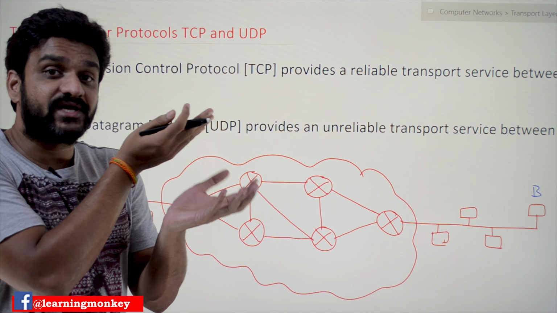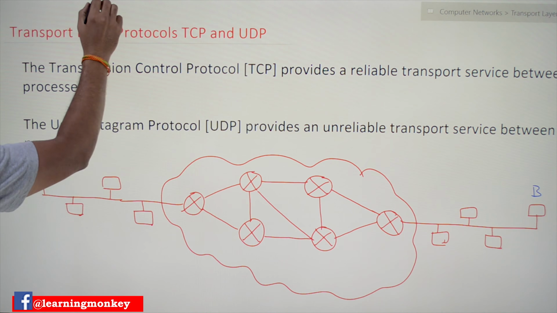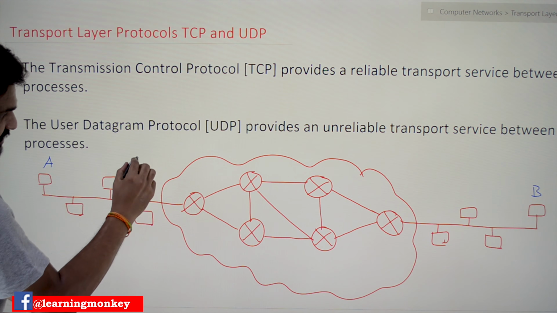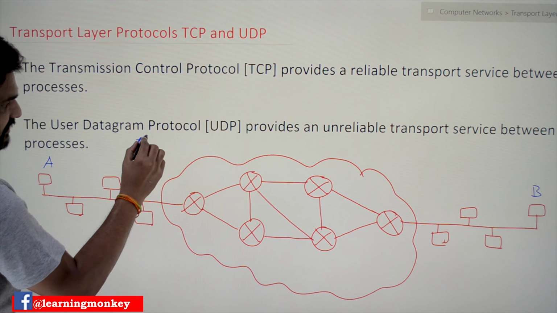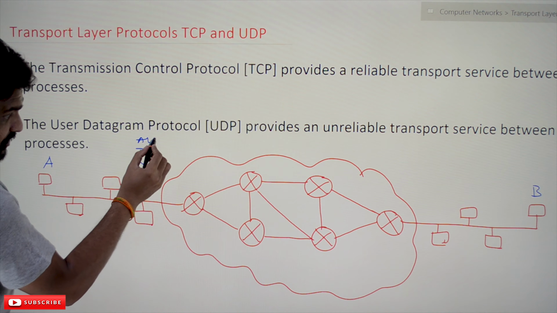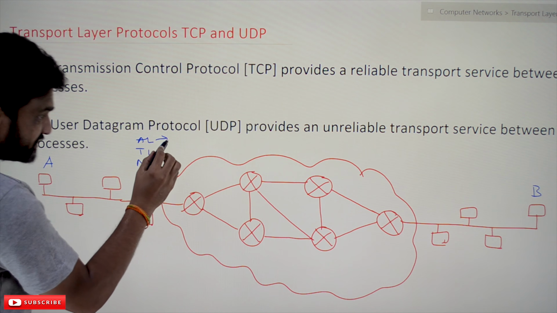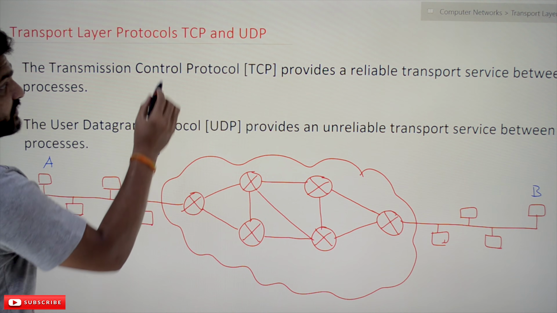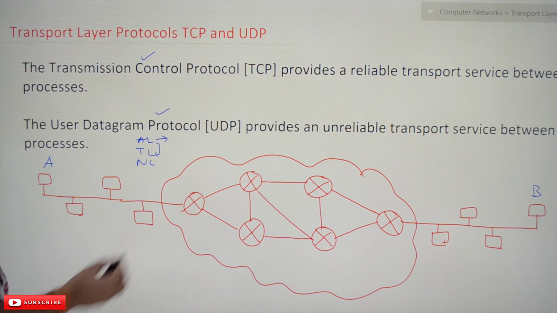So the transport layer, based upon its application. Let me discuss this point, it is very important. We have the network layer, and above it we have the transport layer, and above it we have the application layer. So based upon the application, the transport layer is going to use either the TCP or the UDP.